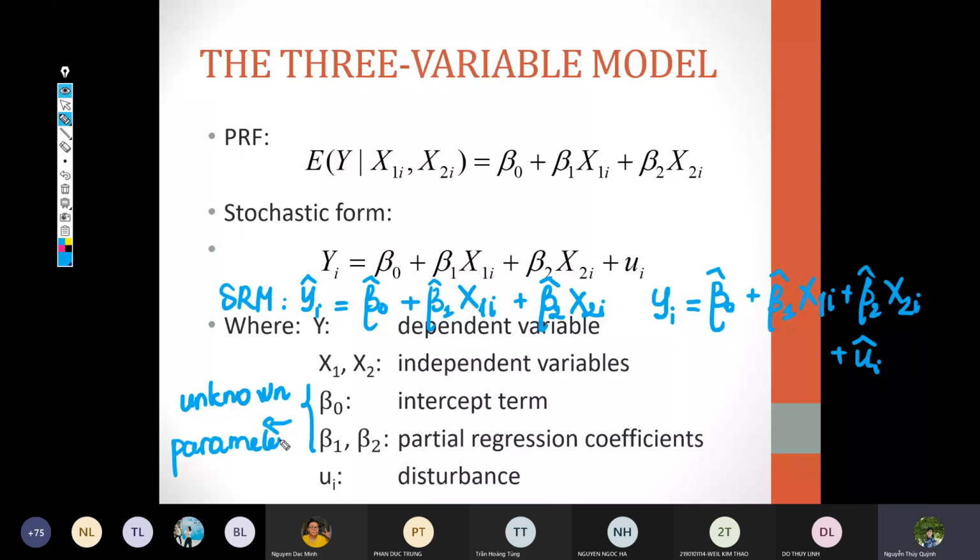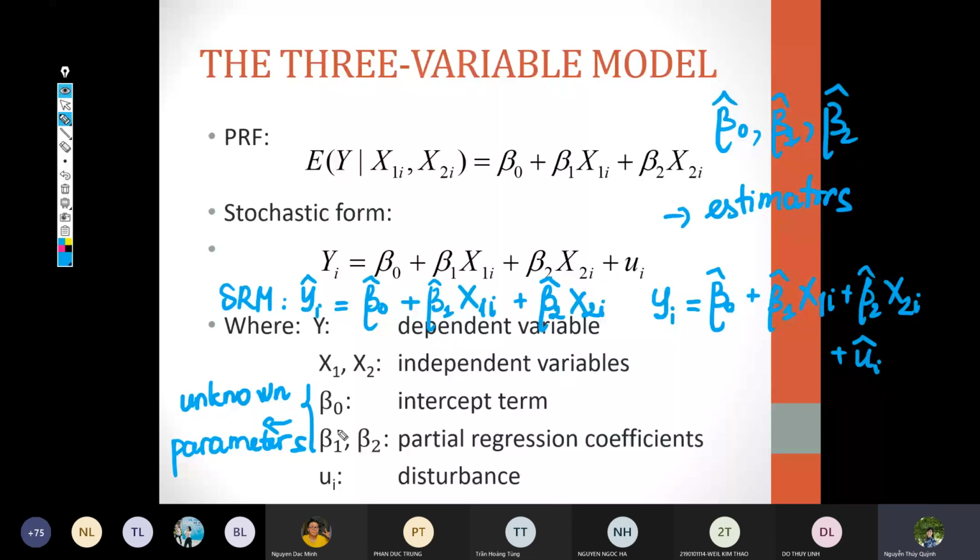Including the intercept and the regression coefficients. Those beta 0 hat, beta 1 hat, and beta 2 hat are the estimators of the unknown parameters. That is the three variable regression model.